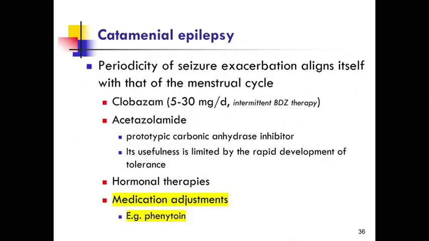Now the hormone level has dropped, the enzymes have more capacity for the phenytoin, and the plasma level of the phenytoin falls, and that can lead to the exacerbation, not necessarily because of the hormone itself. So for phenytoin too, if there are catamenial issues, you can also look at the plasma levels and see whether they have dropped, and then escalate the dose.